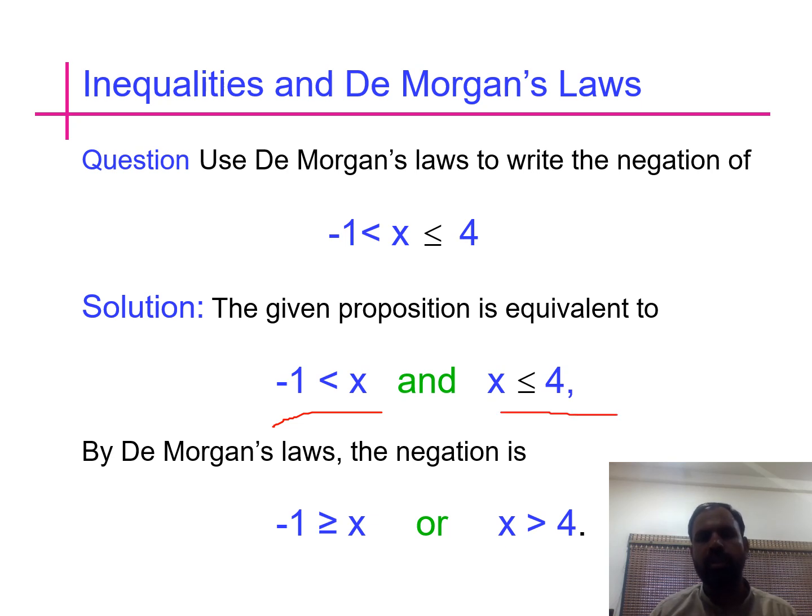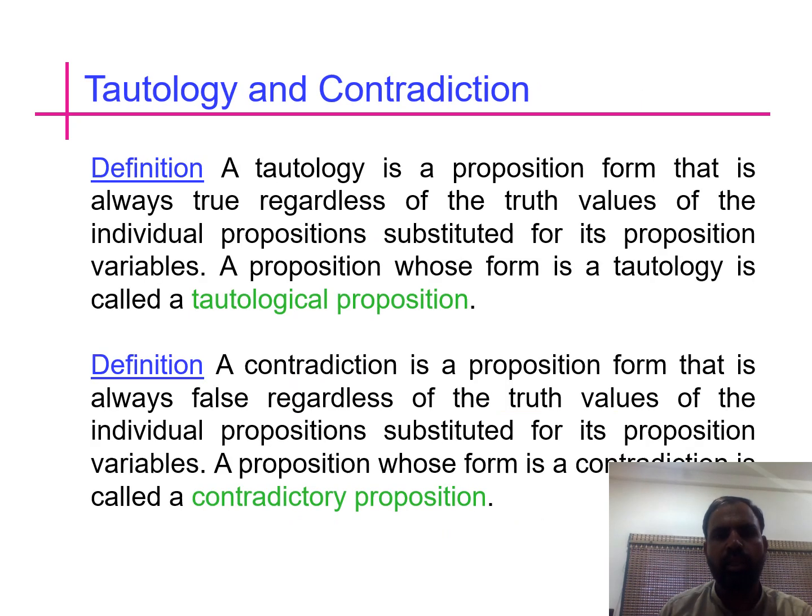By using De Morgan's laws, we can write the negation: minus 1 is greater or equal to x, or we can say x is greater than 4. So we use these inequalities by using De Morgan's laws.